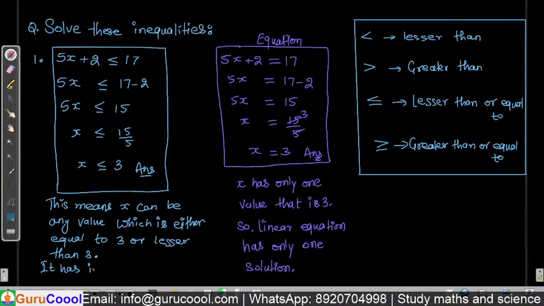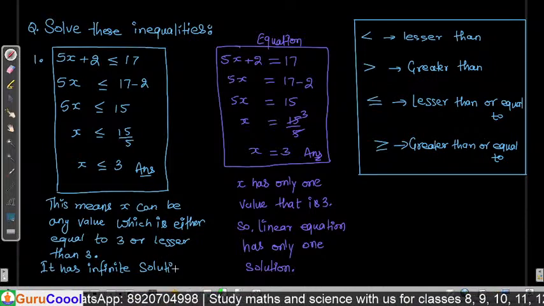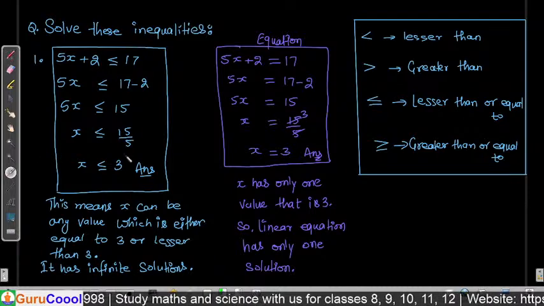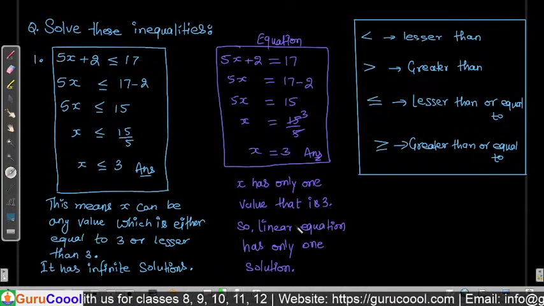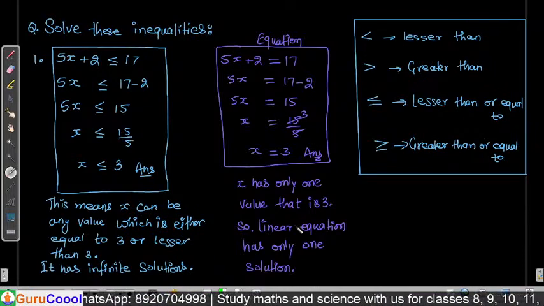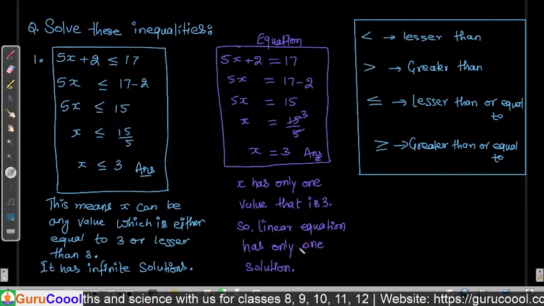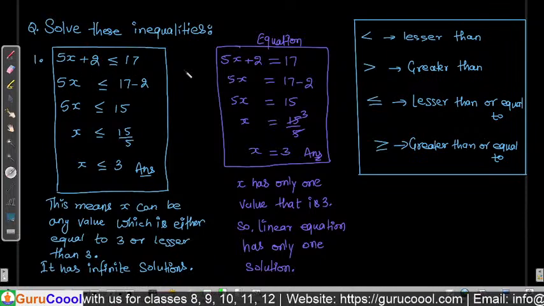So a linear equation has only one solution, but this is called a linear inequality.